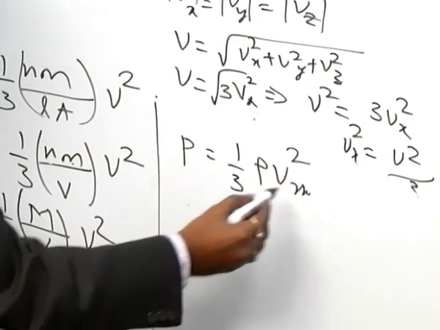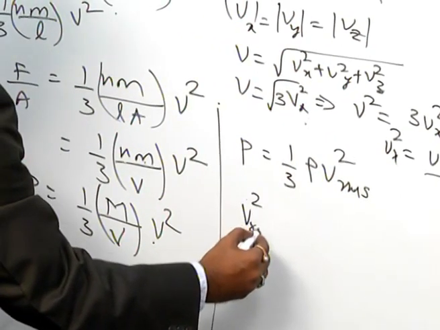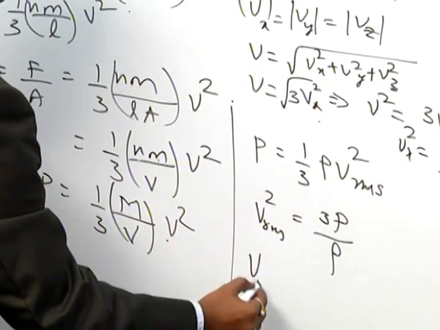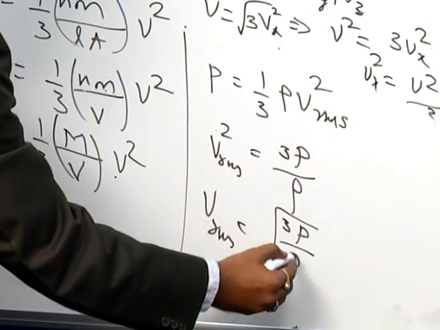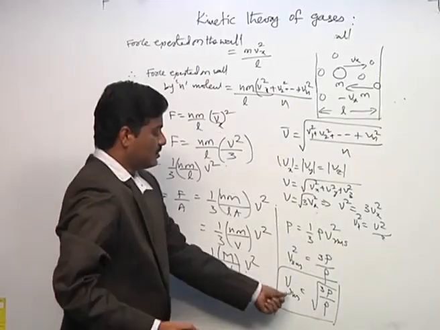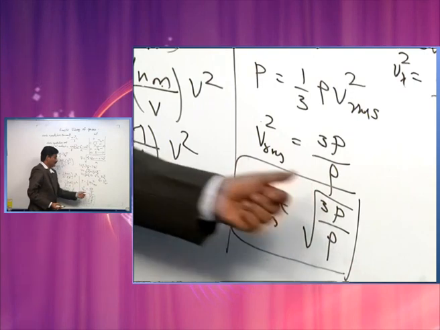So this v we can write as v RMS. So v square RMS is equal to 3P by rho, and v RMS is the root of 3P by rho. So v RMS is nothing but the root mean square speed, which is the root of 3P by rho.